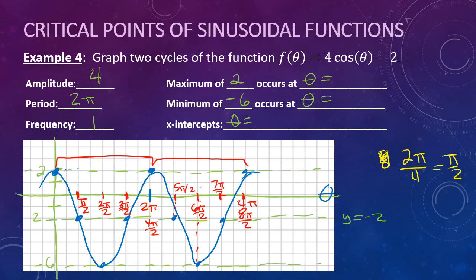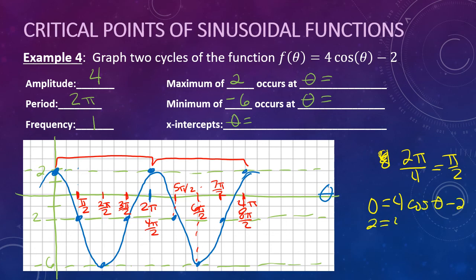Now, how do I find my horizontal intercepts? I am going to take my function and set my function equal to 0. So if I come up here and take this function and set it equal to 0, I have 0 equals 4 cosine theta minus 2.